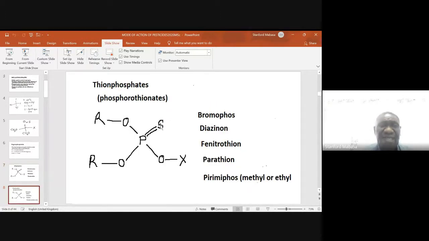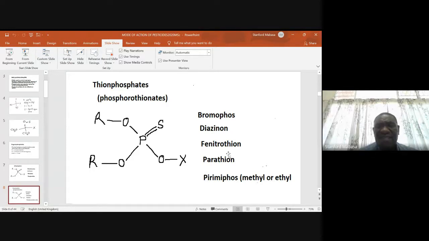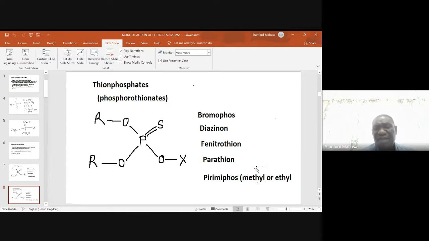If we put a sulfur, we get thione phosphates, and within the thione phosphates, we have bromophos, diazinon, fenitrothion, parathion, then pirimiphos, methyl or ethyl.